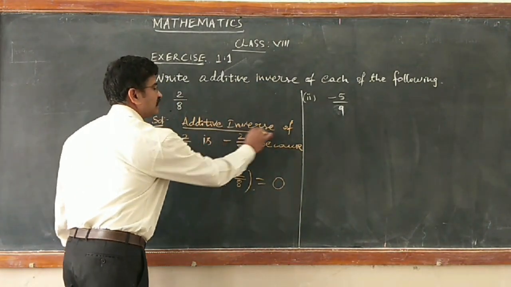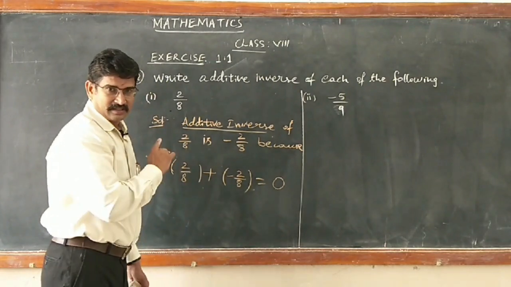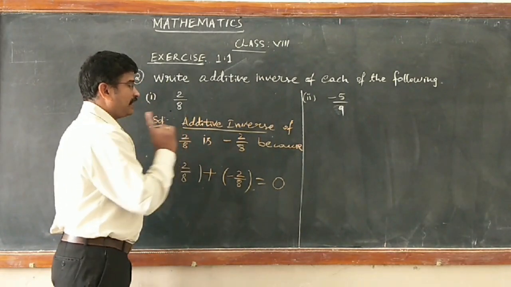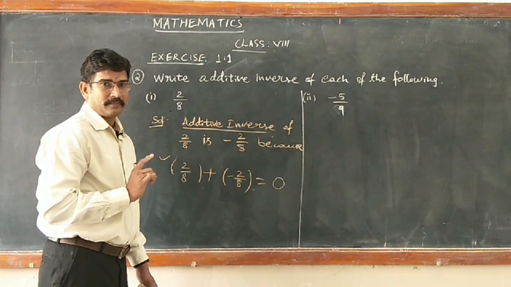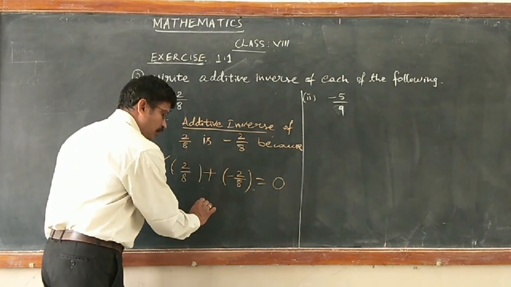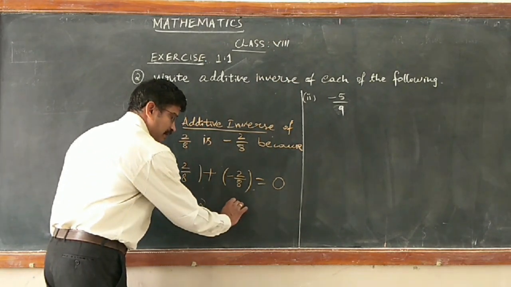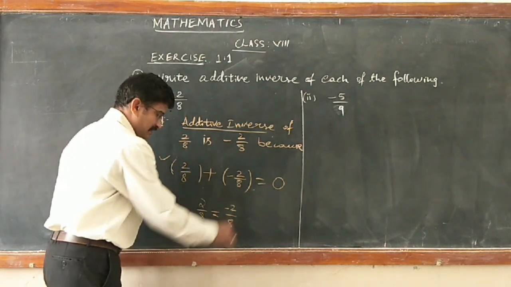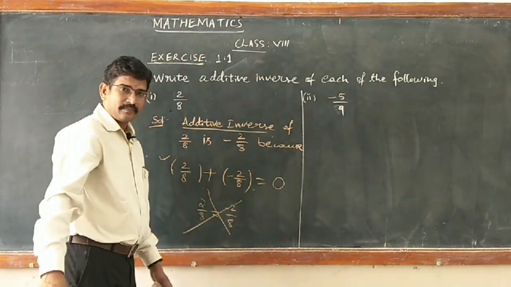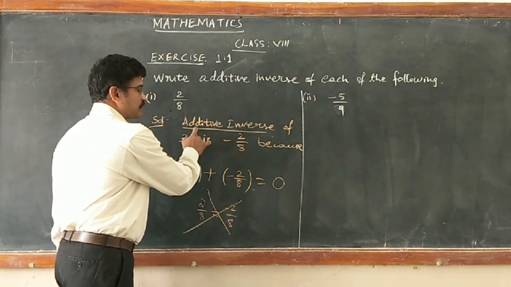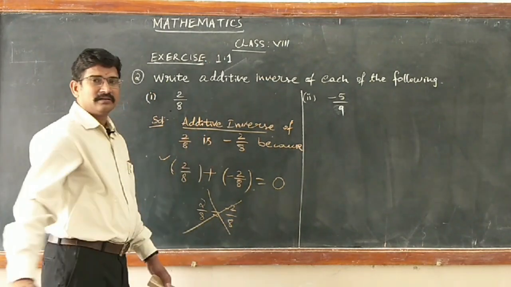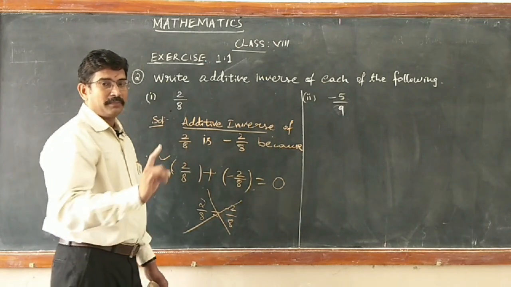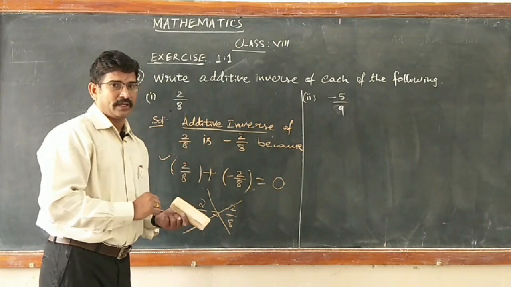Without writing this phrase, it will not be correctly shown. Understood? So don't show it like this. This is a wrong notion. That is one normal mistake which children make.